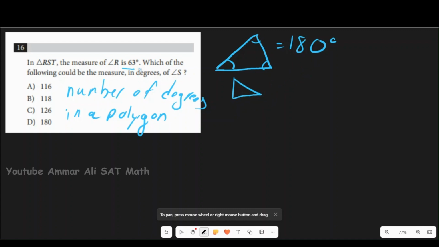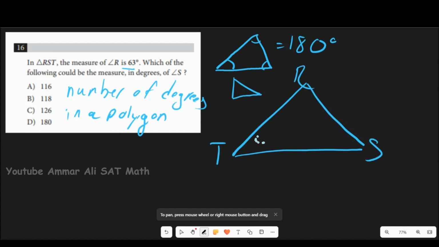So, if they tell us that we have some triangle RST, right? So let's just call this RST. If we have the angle R and it is 63 degrees, we know that both of these angles, when combined together, should not be greater than 180 degrees minus 63 degrees, right?